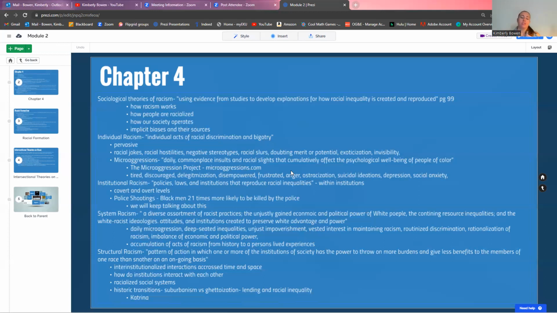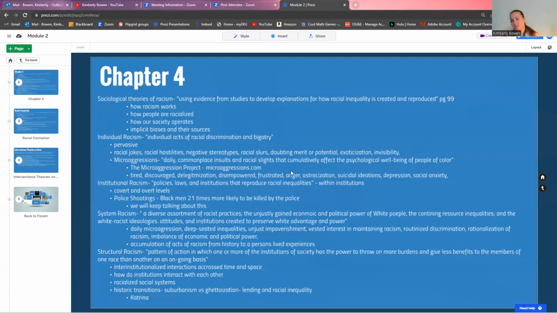We want to make sure that we understand that these microaggressions add up, and they make people feel tired. They make people feel discouraged and angry and self-conscious and delegitimized and disempowered, ostracized. They can lead to very serious things like depression, social anxiety, suicidal ideations. And it's hard to live in a society where in your everyday interactions, you could go to the grocery store and you might get these. Like it's a constant thing.